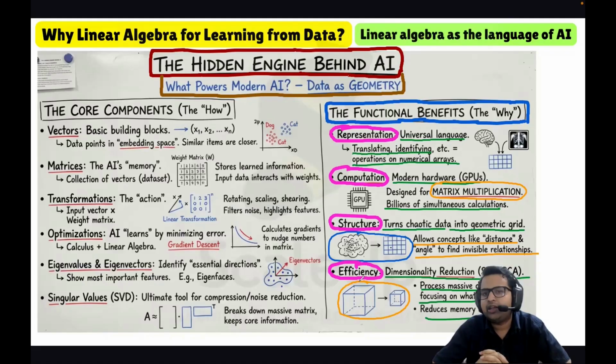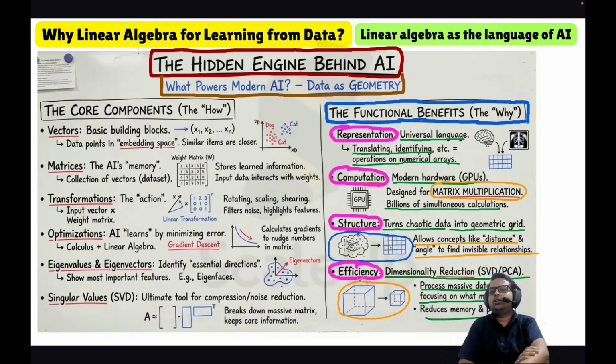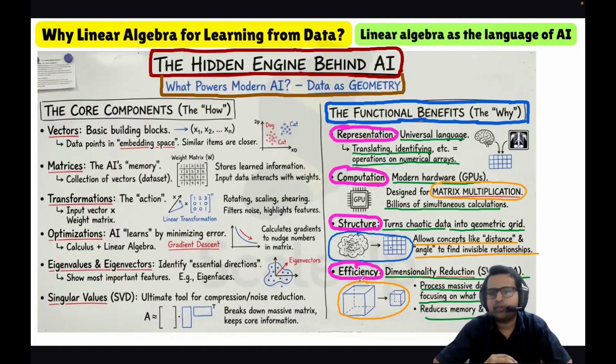So now it's very clear why linear algebra is powering modern AI. It provides the universal language to represent the data. It provides the computational framework, like matrix multiplication, using which GPUs can carry out billions of simultaneous calculations.